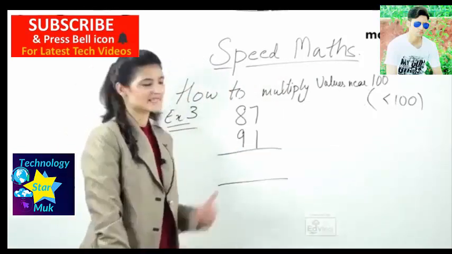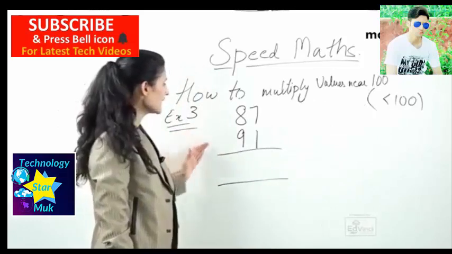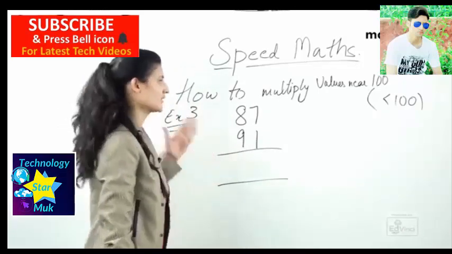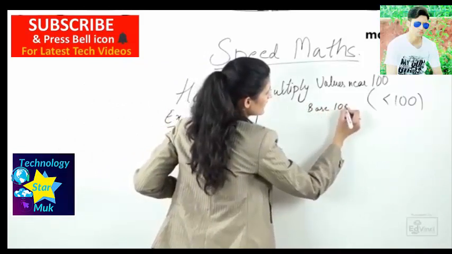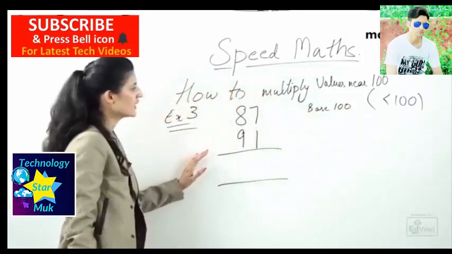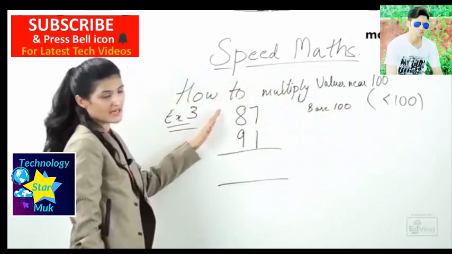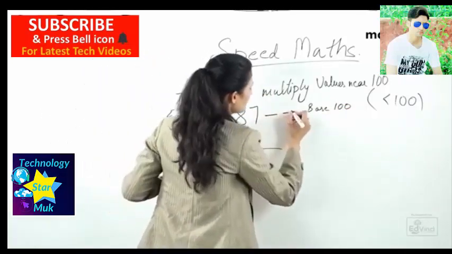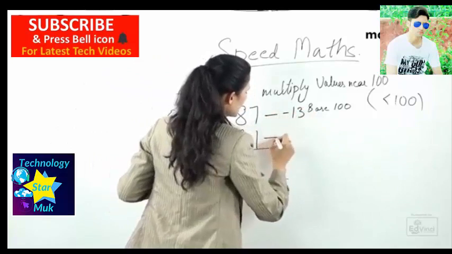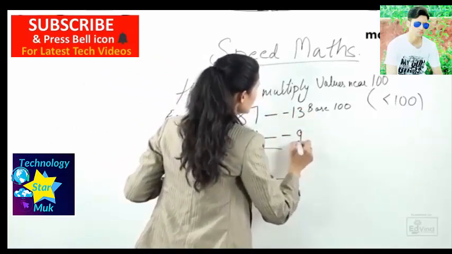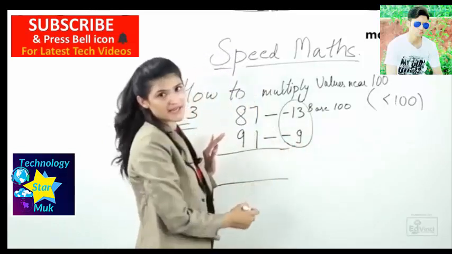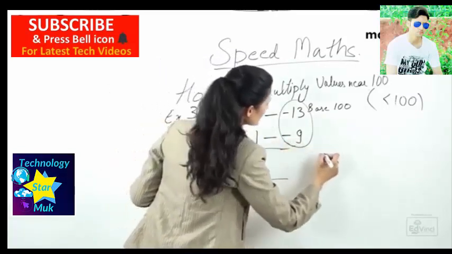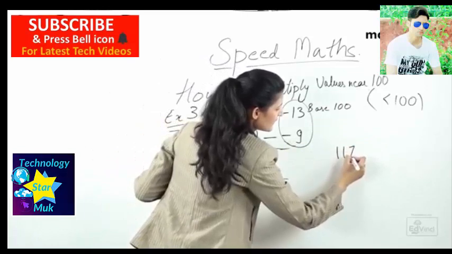So let's move to example number 3, where we are multiplying 87 into 91. Step number 1, base 100. Step number 2, difference of the numbers with base 100. So it's minus 13 and it's minus 9. Step number 3, we have to multiply the differences. So the answer is 117.